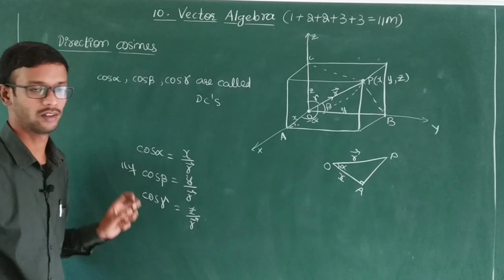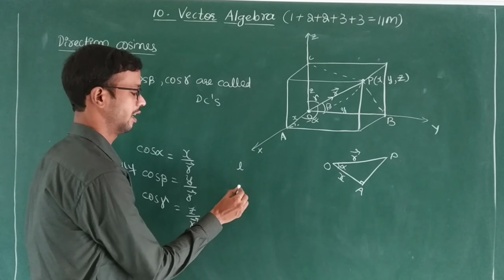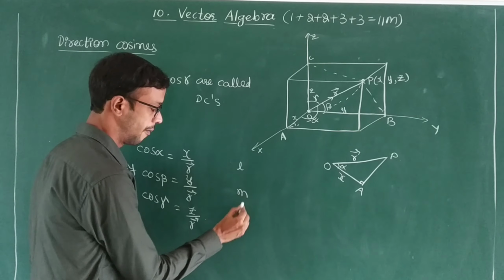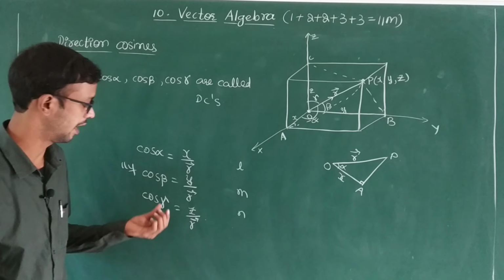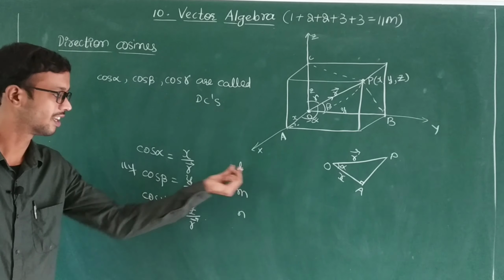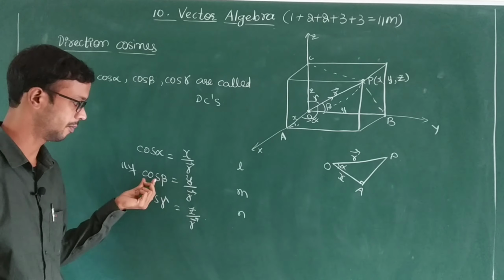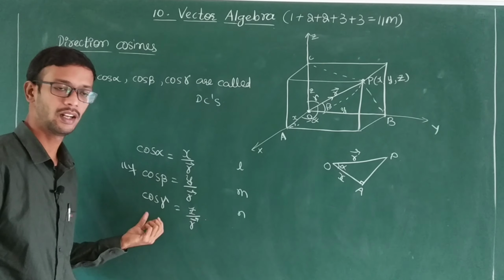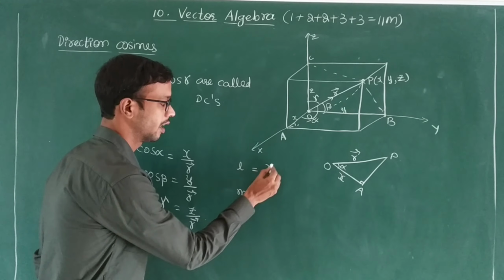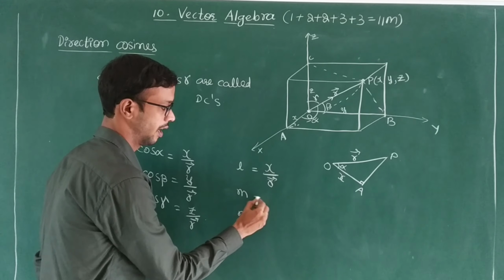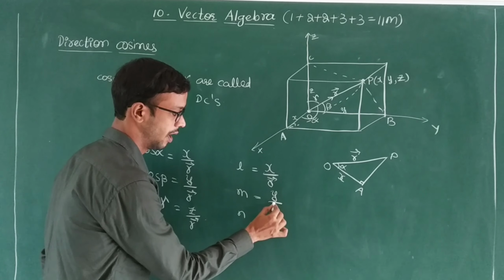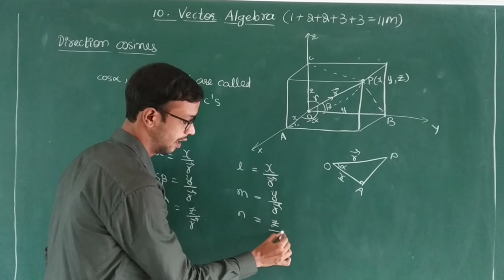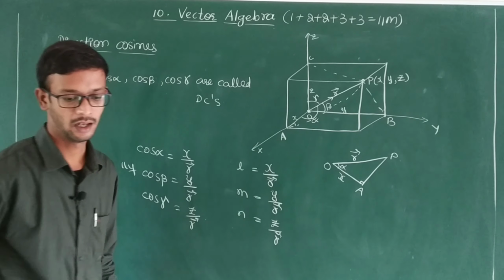These direction cosines can also be indicated with l, m, n: l is cos alpha, m is cos beta, n is cos gamma. That is, x by r bar, y by r bar, z by r bar.